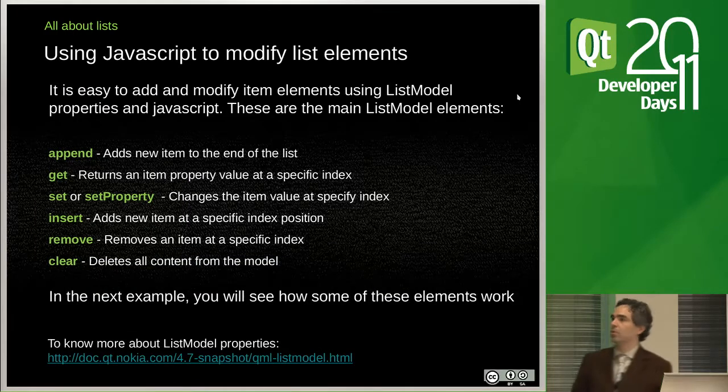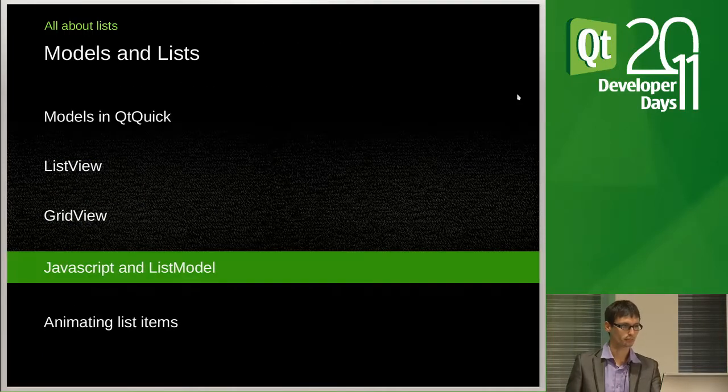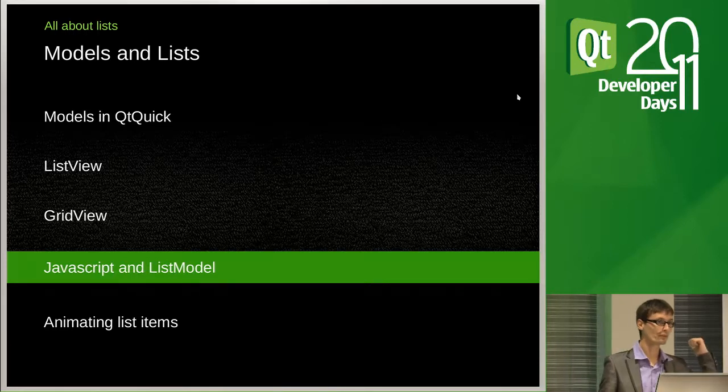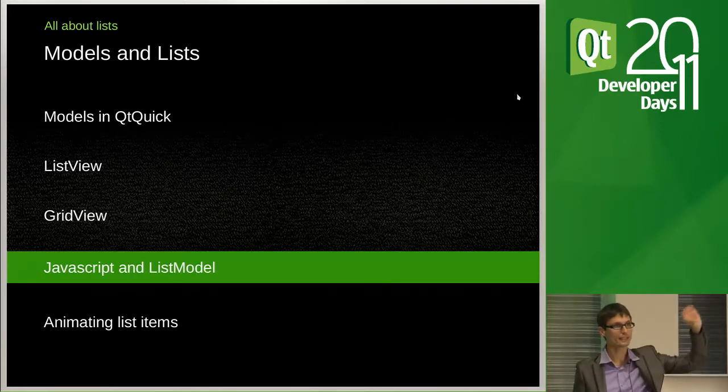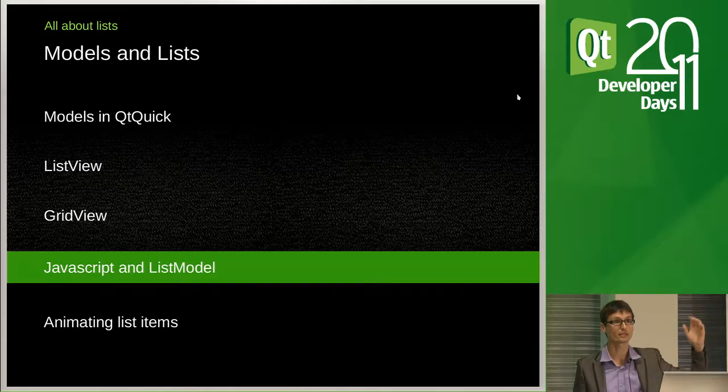Before talking about JavaScript and ListModel, there's another view which is not here, and the name is PathView. Have you already heard about it? It's basically a view where the items are put on a path. So the path can be anything.